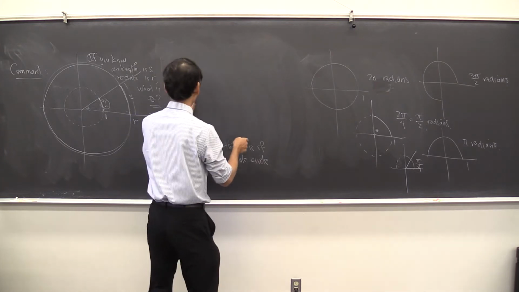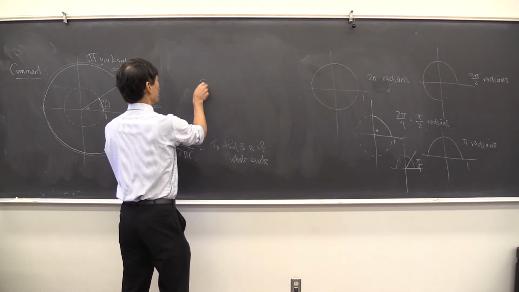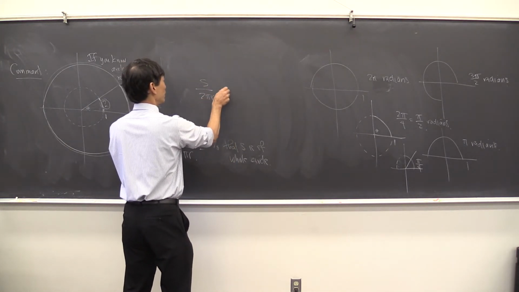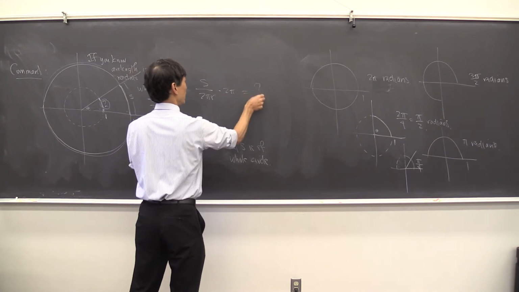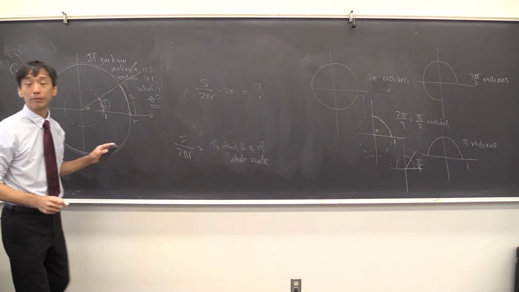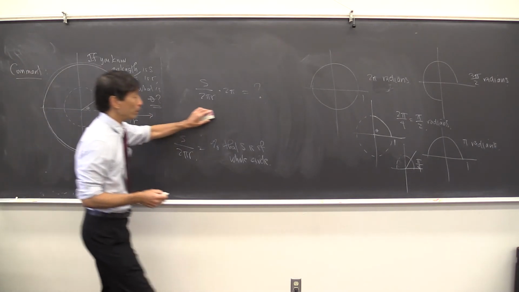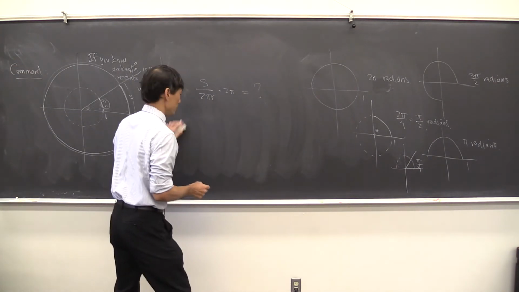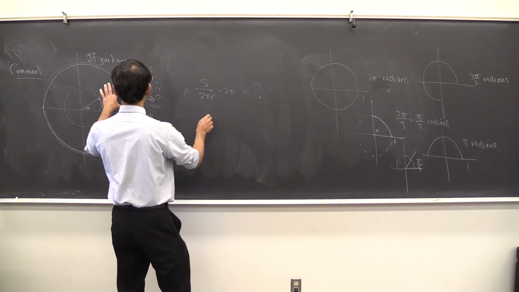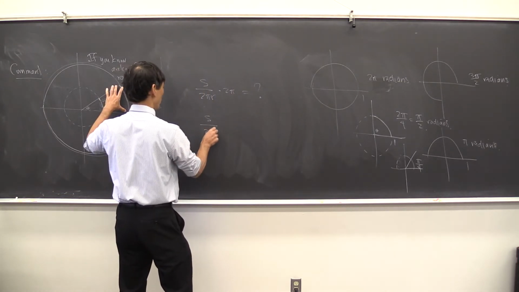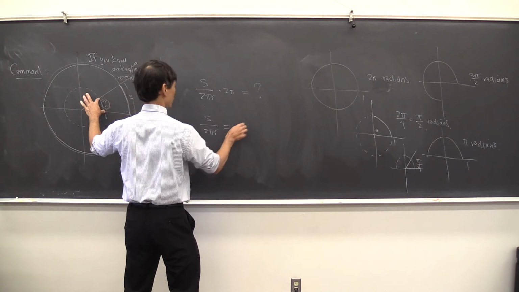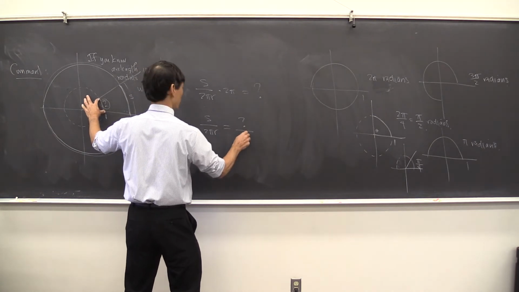So you say, s over 2 pi r times 2 pi is going to be the thing we're looking for. Or maybe this makes it easier: the ratio of s to 2 pi r is the same as the ratio of question mark to 2 pi.